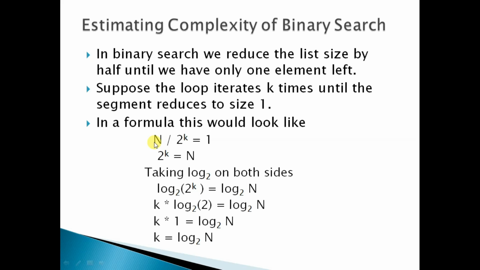So this equation becomes n upon 2 to the power k is equal to 1, and performing all those log operations we get the value of k, that the number of steps required is log n base 2. Okay, so try to understand this mathematical representation and you will be able to understand how we have reached that conclusion of the complexity part.